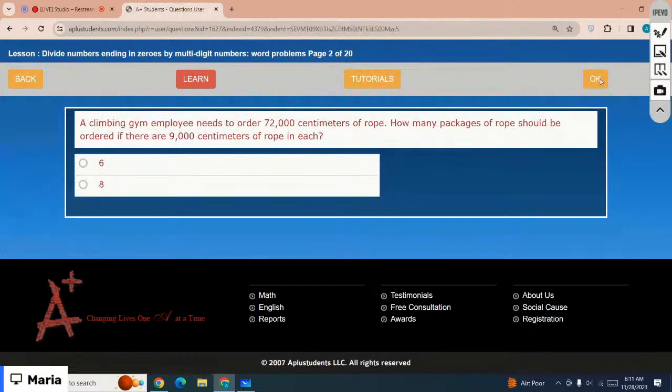A climbing gym employee needs to order 72,000 centimeters of rope. How many packages of rope should be ordered if there are 9,000 centimeters of rope in each?